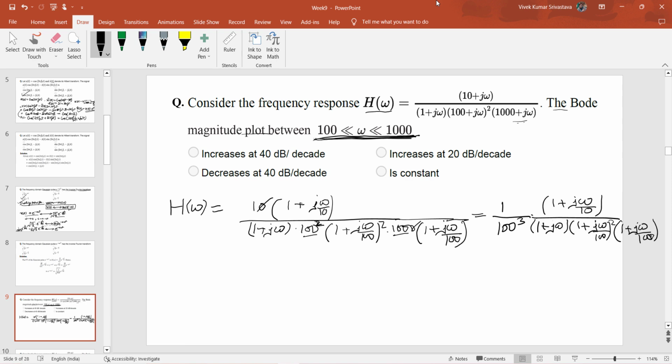Now we have to check what the slope is between this range of frequencies.